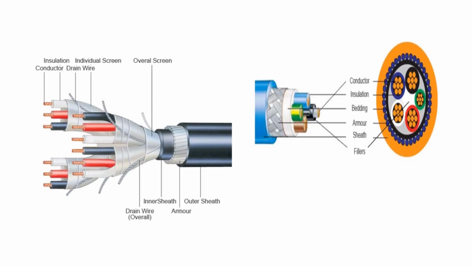So you can see the cable's insulation, conductor, individual screen, drain wire, overall screen, outer armor, inner sheath, drain wire, and then you have conductor, insulation, bedding, armor, sheath, fillers, pillars. You can see the different cables.